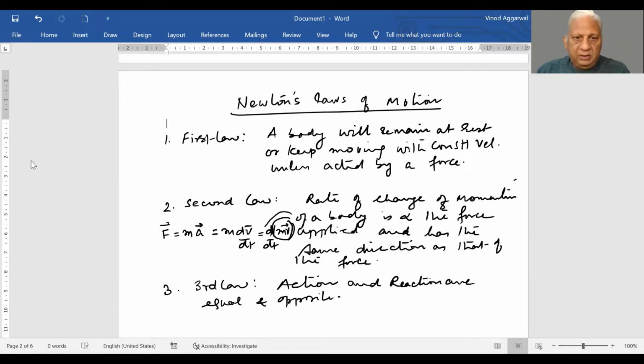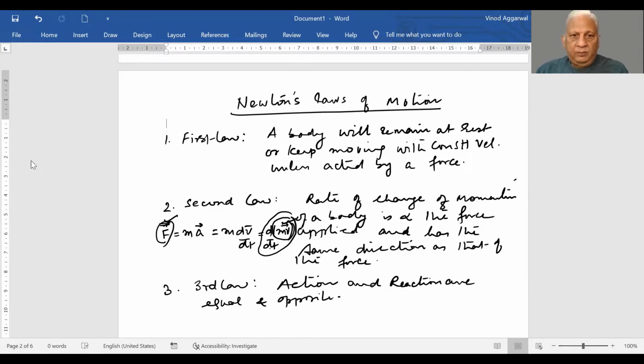So what we can see is that the rate of change of momentum is proportional to the force, which is the second law. And the direction will also be the same. The change in direction of velocity will be the same as the direction of force.